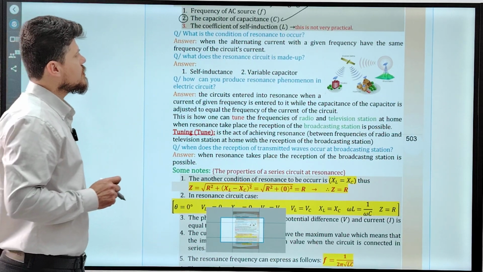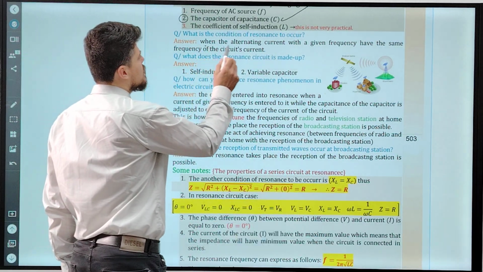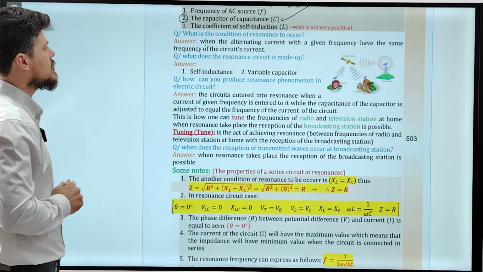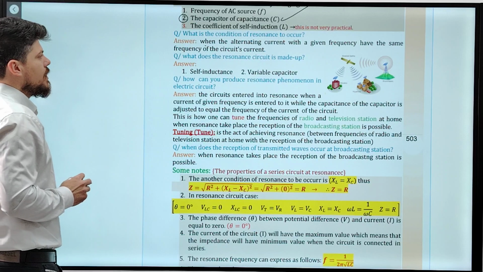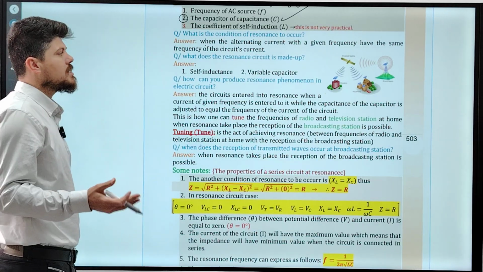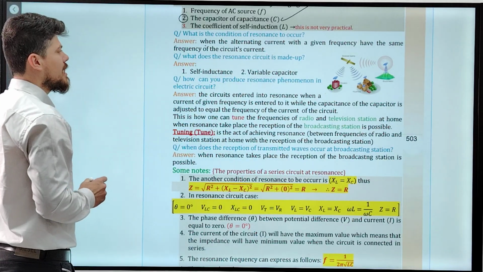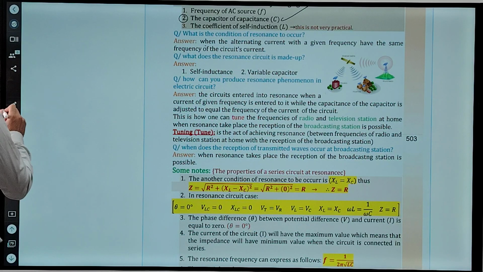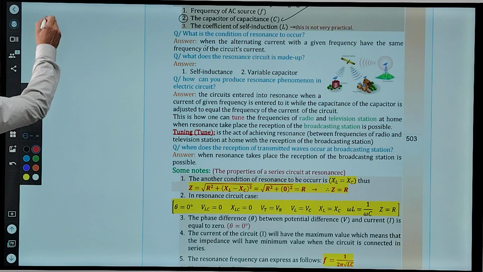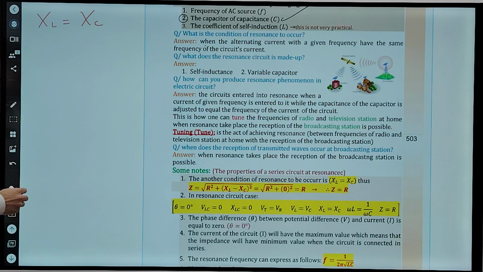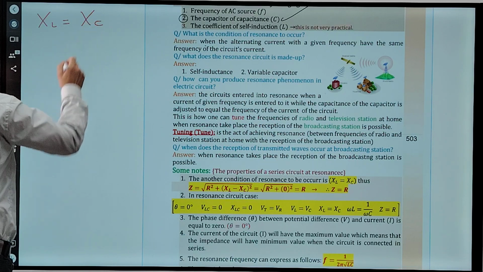What is the condition for resonance to occur? When the alternating current with a given frequency has the same frequency as the circuit's current. What is the resonance circuit made up of? It is made up of a coil of inductance and a variable capacitor. In the case when XL is equal to XC in the circuit, the resonance will take place.